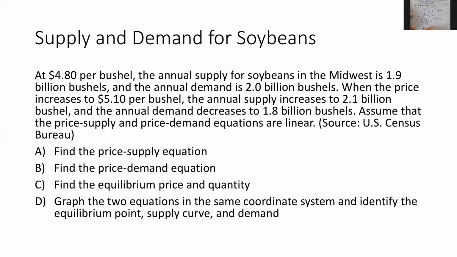And hopefully our price is going to be equal to $4.87 technically, but it'd be 88 cents if we round up. But that's our price. And then once we have that, we can pick either one of these equations and we just plug it back into there. And so this is our equilibrium price.